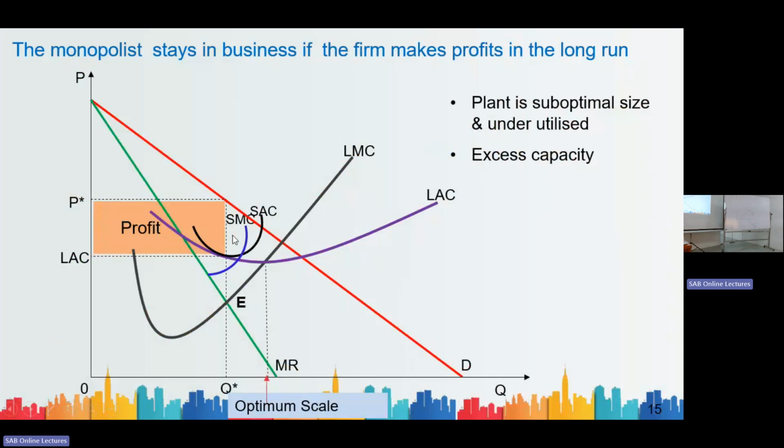Instead, this monopolist stops somewhere before that. And this is the equilibrium price.